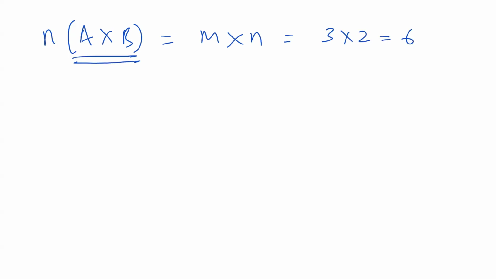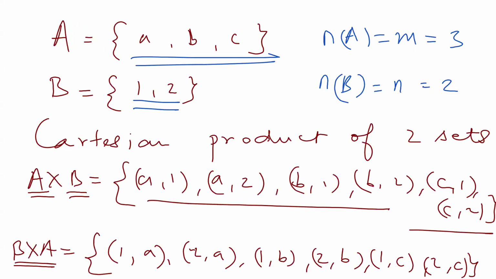So the Cartesian product of A and B will have 6 ordered pairs. Let us check whether there are 6 ordered pairs. Yes, look at A cross B: first, second, third, fourth, fifth and sixth ordered pair.